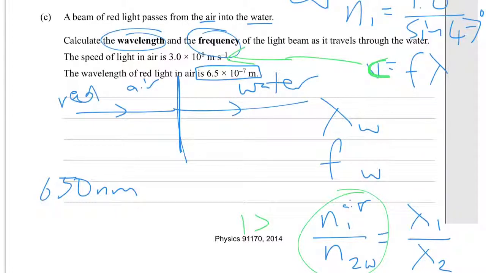So the right hand side has to be less than 1. That means we need the larger number on the bottom. The wavelength in water is actually going to be less. Okay, the wavelength in water is going to be less because the speed will slow down in the water.